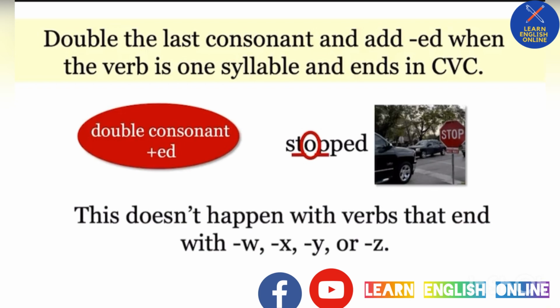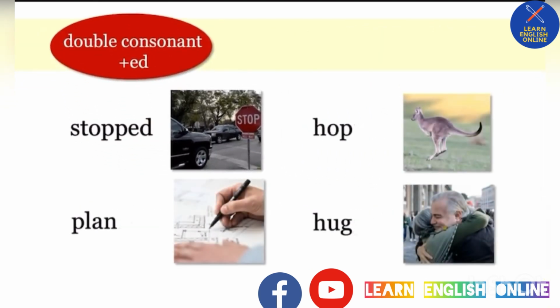This doesn't happen with verbs that end with w, x, y, or z. Let's look at some examples. Stopped. So we already did stopped, and now look at plan. Plan also ends with a consonant, a vowel, and a consonant.